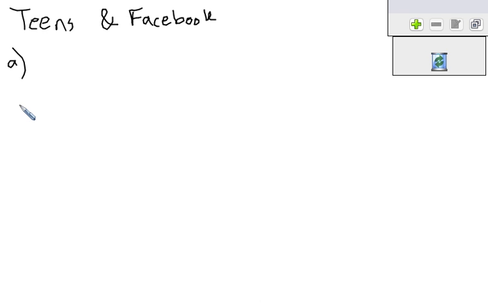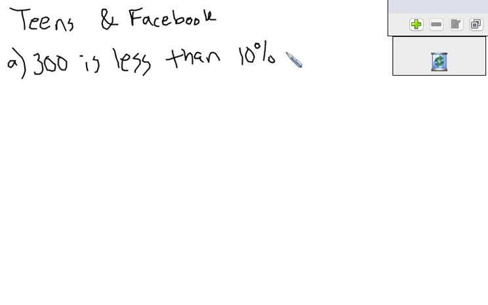And the reason why is because you have that 10% condition. So 300 is less than 10% of all U.S. teens. Okay, so you can look back at the notes there whenever we talked about that 10% condition.